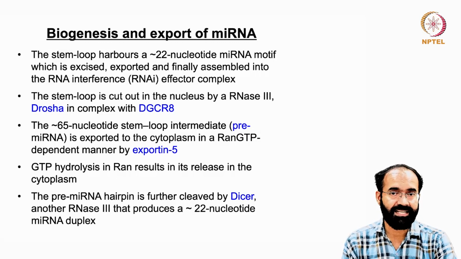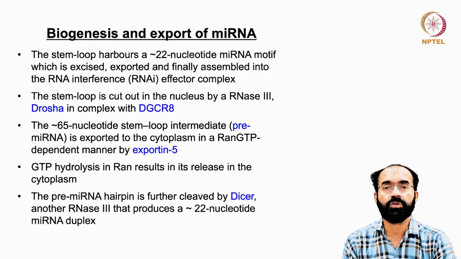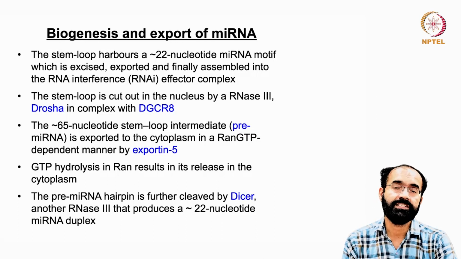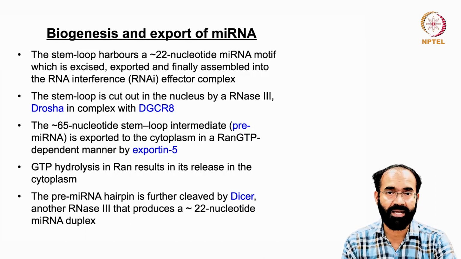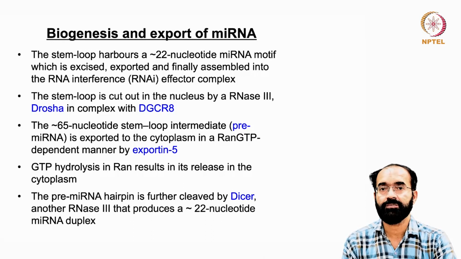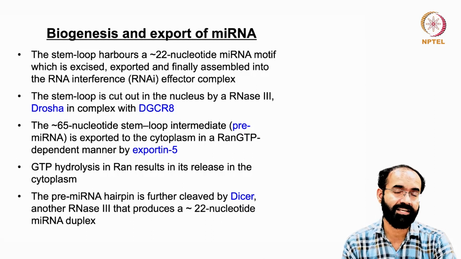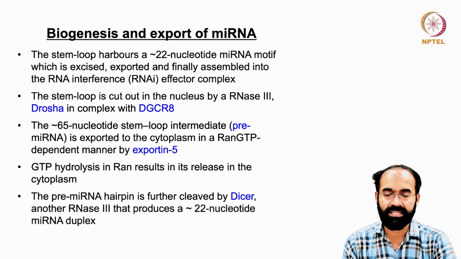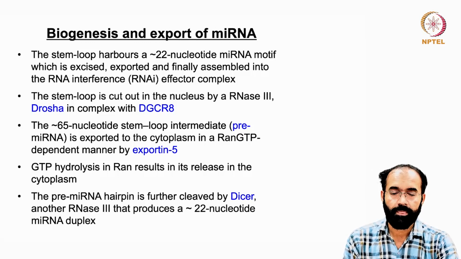This is precise. No matter which microRNA you are talking about, it is 22 nucleotides in length, with complementary sequence, paired. One of the strands is the one which participates in the silencing event. Both strands do not participate. So one of the strands of this 22 nucleotide duplex participates in the silencing event.